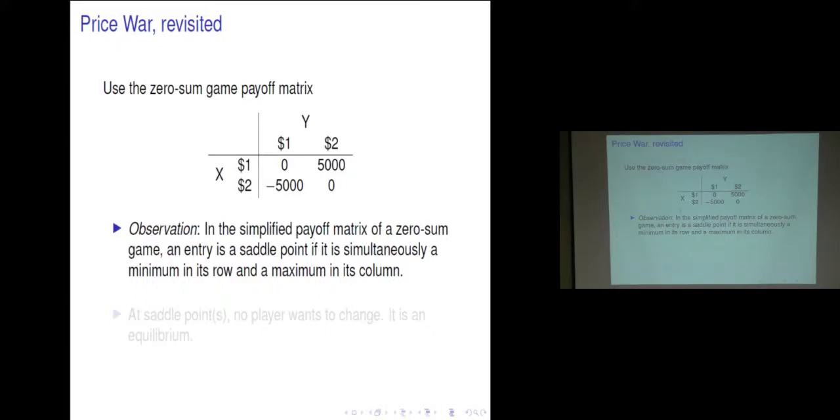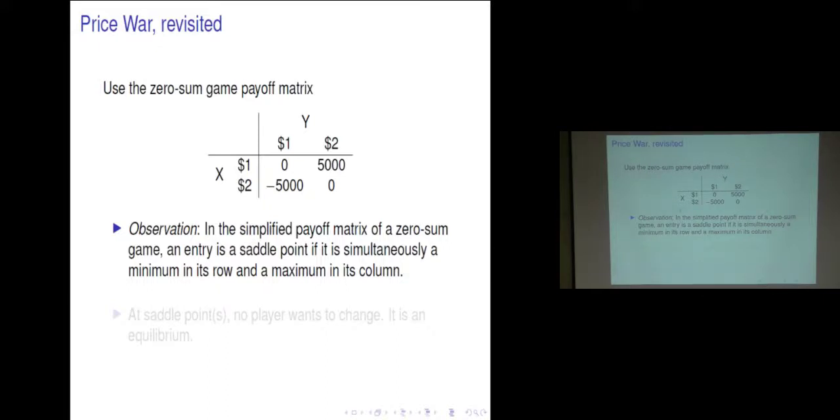If you compare these two, it is less, so it is the minimum of row 1. At the same time, it is the maximum of column 1. Therefore, by our definition, we call it a saddle point. So for example, this 1, 1 is a saddle point.